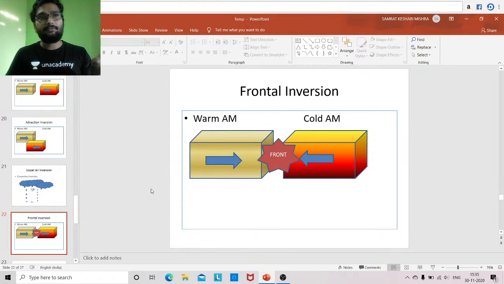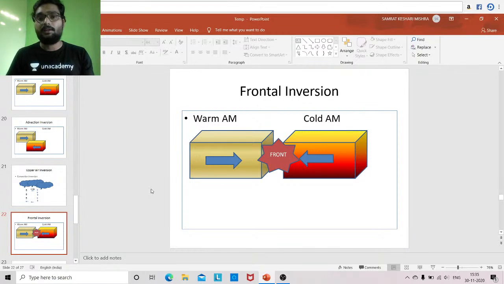When two types of air masses with different characteristics, a warm air mass and a cold air mass, approach towards each other, a front is created. In this case, advection happens as we saw: the warm air mass will override the cold one because of its low density and low weight, so it will be above the cold air mass, and a front is created.